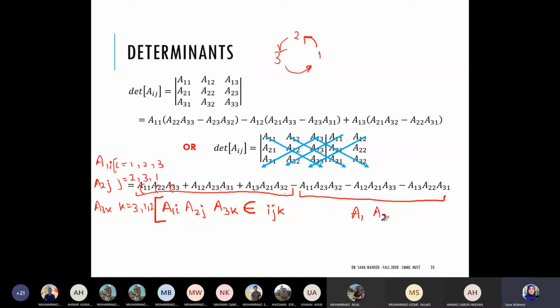A1, A2, A3 और इसका जा रहा है 1, 2, 3 और इसका जा रहा है 3, 1, 2 नहीं 3, 3, 1, 2 and this one has gone from 2, 3, 1. Okay, so again it's in the positive direction.